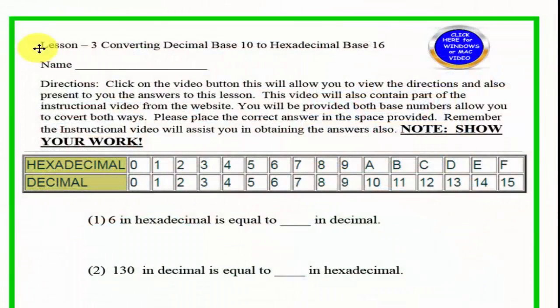In this lesson, lesson 3, converting decimal base 10 to hexadecimal base 16 and back again. Please show all of your work, and hopefully you clicked on this video button to hear me explain all this.